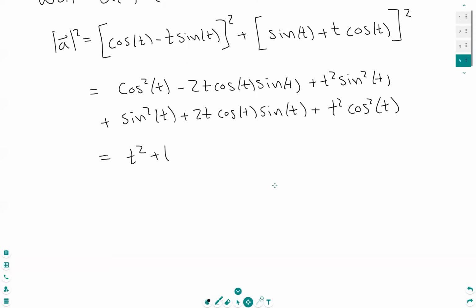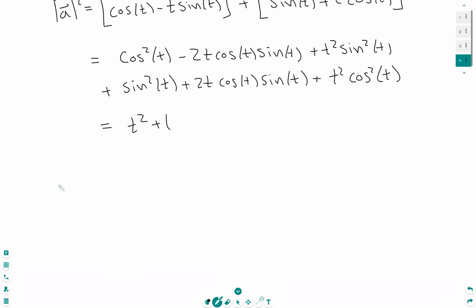And we're almost done. So we have that our an is equal to the square root of the magnitude of acceleration squared, which is just our t squared plus 1, minus our at squared, which was just t, remember? So this is just minus t squared. Oh, sorry, it was 1. It was not t squared. Let's get rid of that. So this is just minus 1.